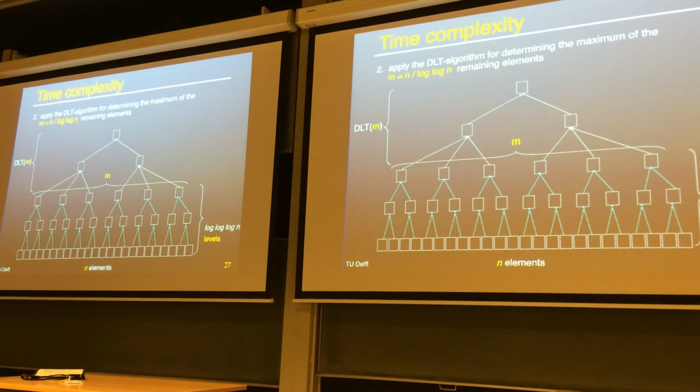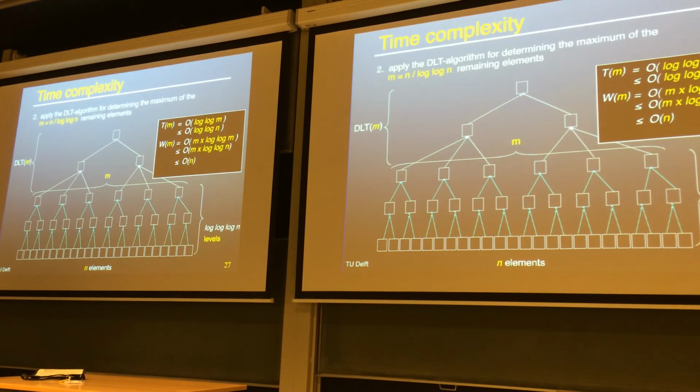So, here we have log n levels, and now we have Tm equals log log m, and that's smaller than or equal to log log n. And the amount of work here is m log m, that's smaller than or equal to m times log n. m was already smaller than n, so this is less than, m is n divided by log n, so the result is n.